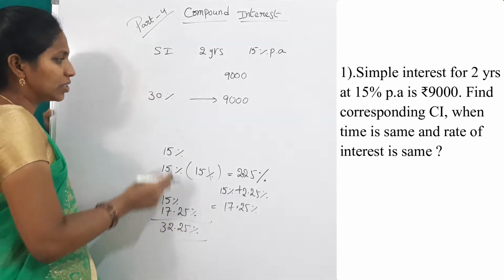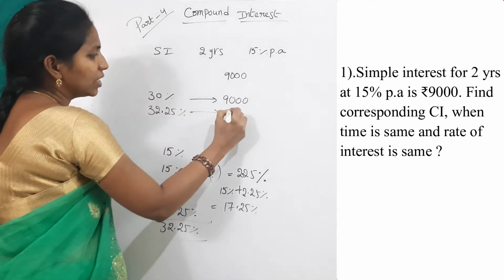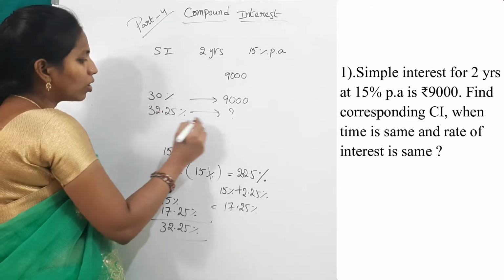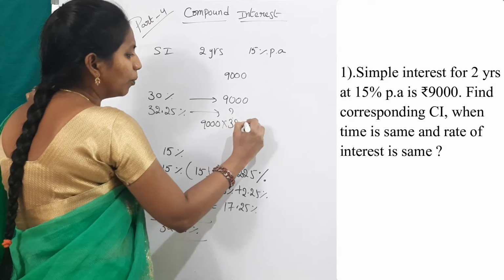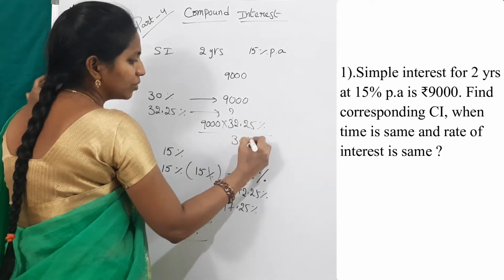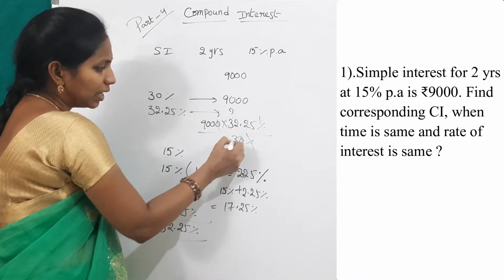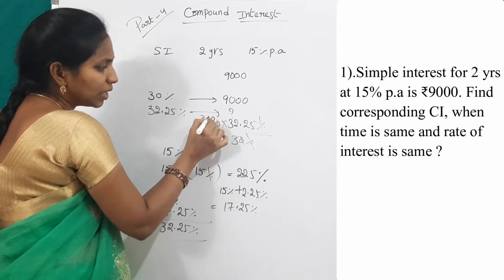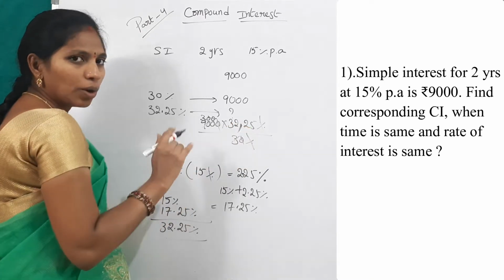Compound interest here 32.25% is what? Without calculating principal, now cross multiply 9,000 into 32.25% by 30%. Percent gets cancelled and 0 cancel. 3 gets cancelled 300 times. 0 cancel and there is no point.